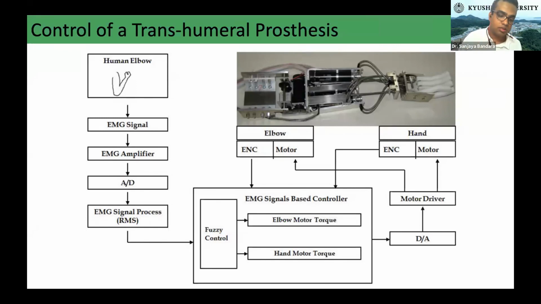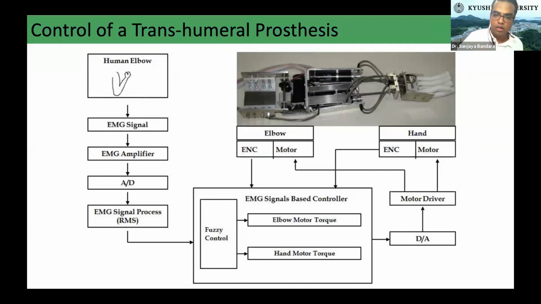this transhumeral prosthesis. So this was done at Saga University, and what they did to control the elbow motion, which I think is straightforward because we already have the muscles. When we do elbow flexion and extension, the biceps and the triceps are involved, so this can be done directly using the biceps and triceps.